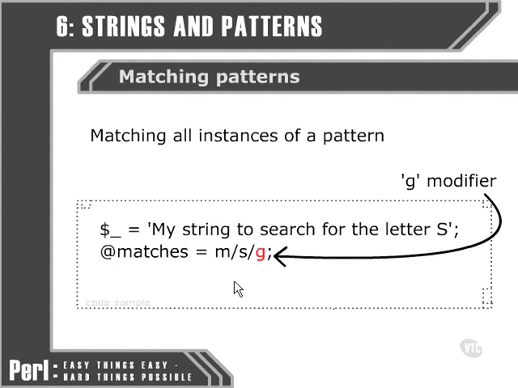So we're searching globally for all instances of the letter S. Globally in this case means globally within the string that we've asked the regular expression to search through, which, because we haven't specified a particular string, will be the default variable. The matches array, after we've carried out these two commands, will contain two things, and they're both lowercase s's.